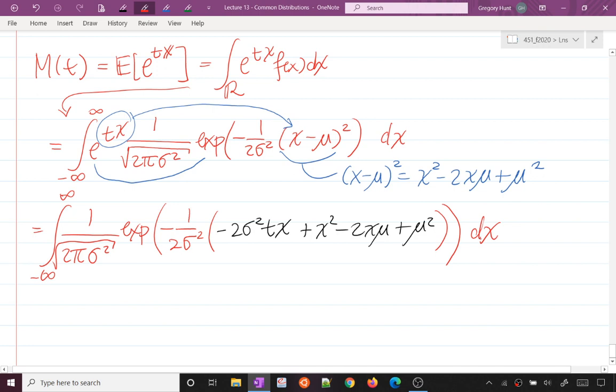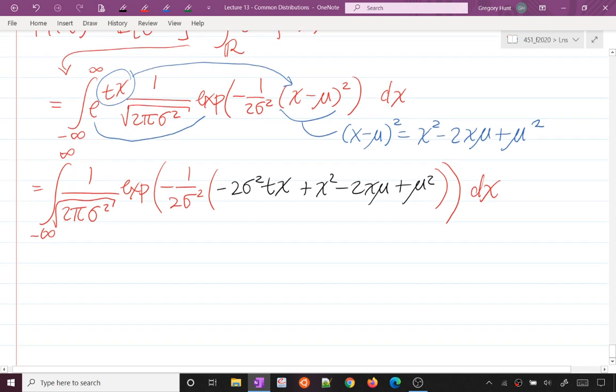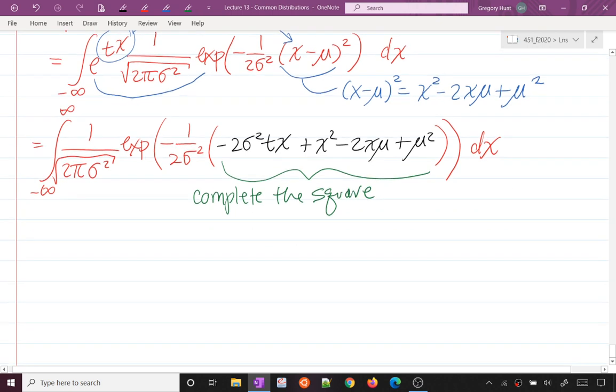So I've expanded out this whole thing, and I want to complete the square here. What I'm going to do is what is called completing the square. You can think of it as just an algebra trick.